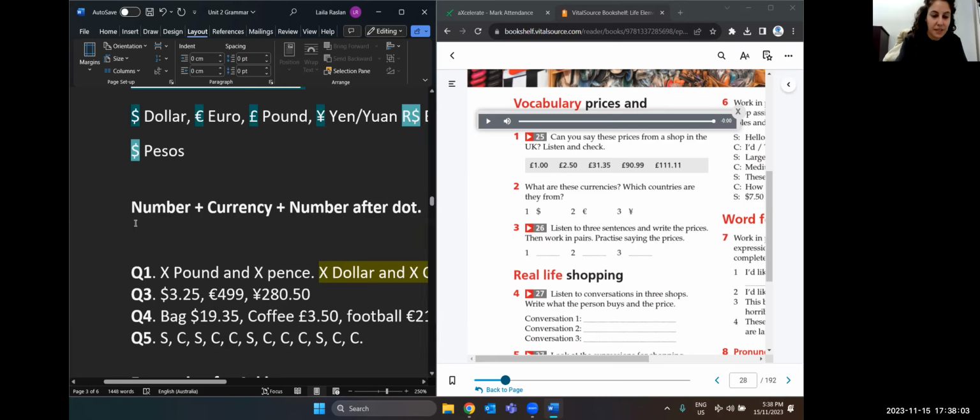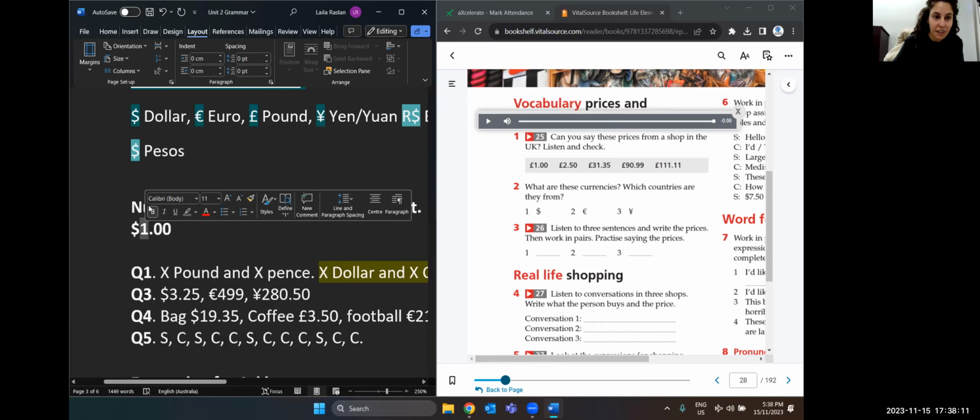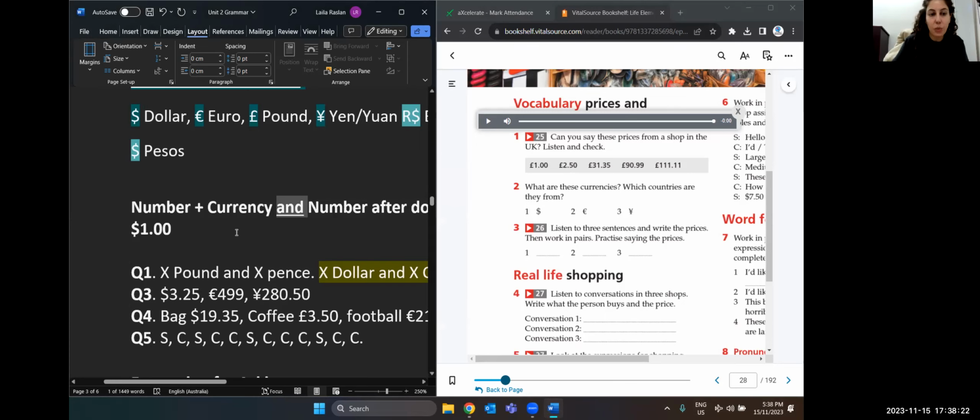So for example, the first one says 1.00. So that would be 1, because I say the number first, dollar, so $1. There is nothing else, so I need to stop there because there's nothing after that. It's just $1.